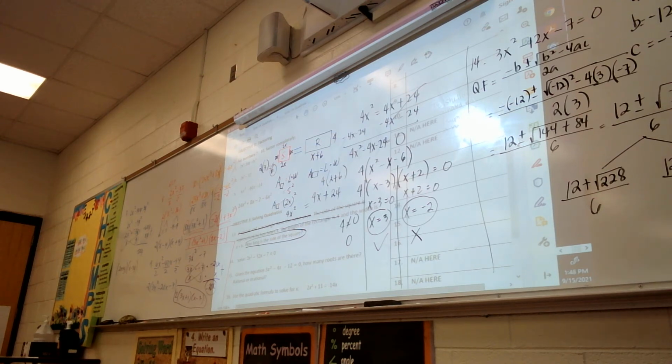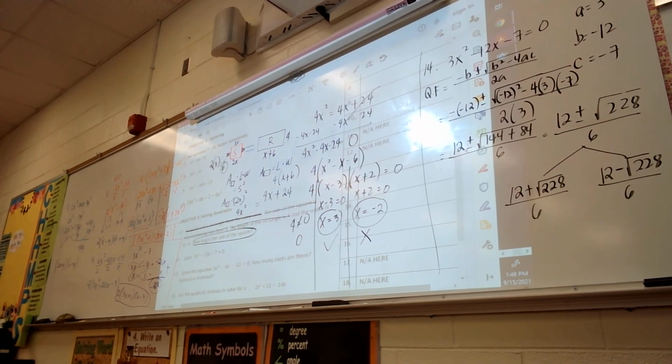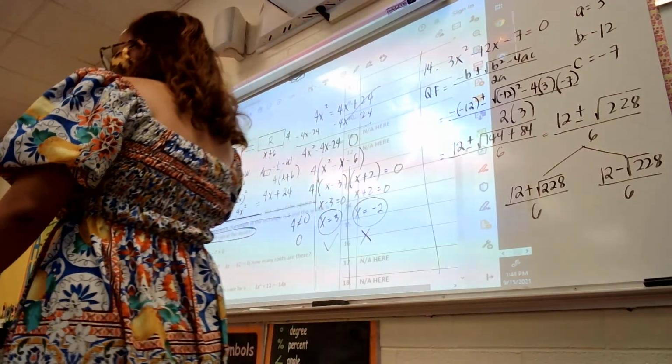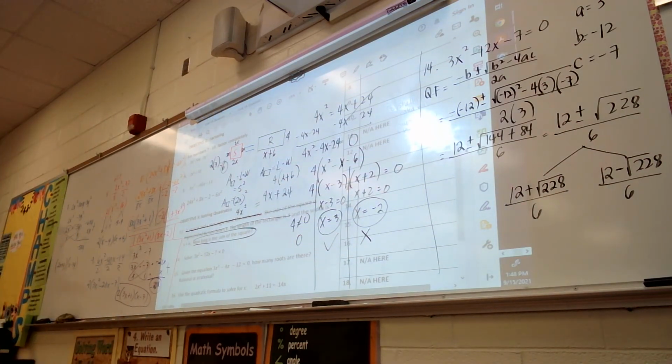So does that mean on the test, when we're allowed to use decimals, we have to put the real value? Yes. You won't accept the square root of 228? Since I have shared what type of questions you'll have on Friday, I'm pretty sure that's not one of the options. It should be decimal.